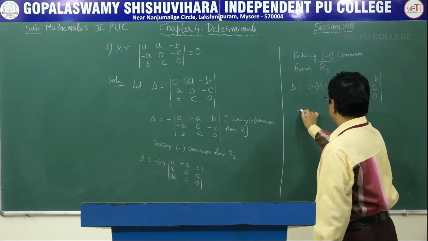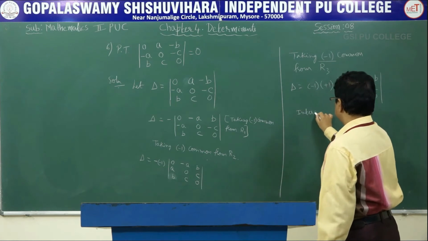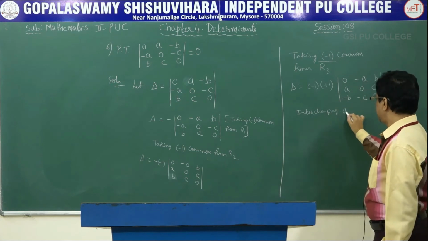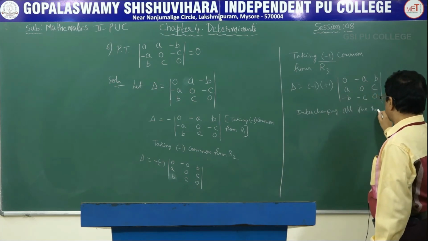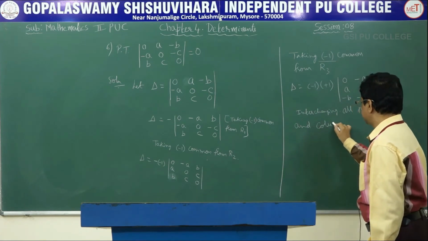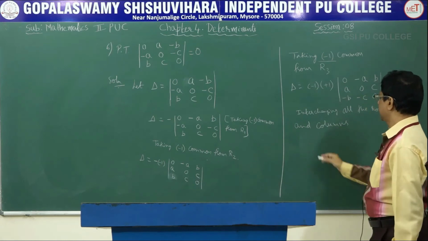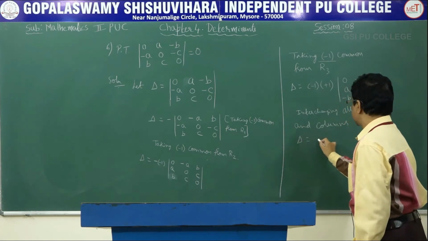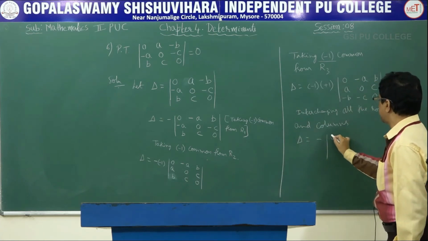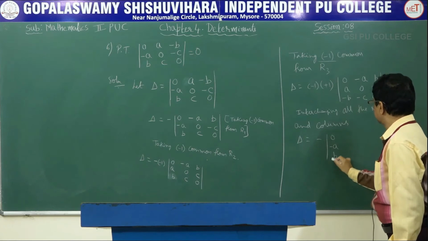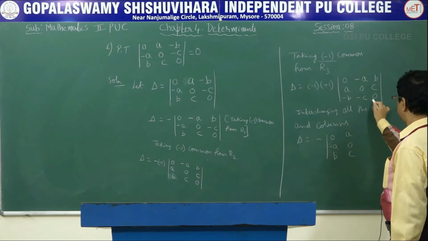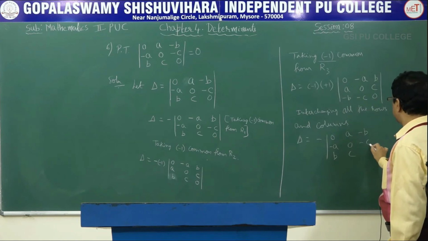So, interchanging all the rows and columns, delta equals minus determinant of, the first row can be written as first column, second row can be written as second column, third row can be written as third column.